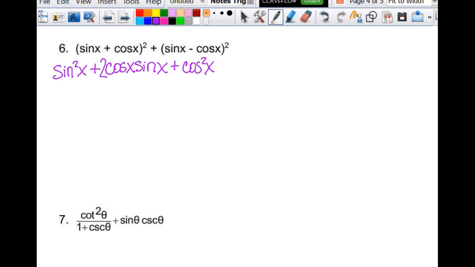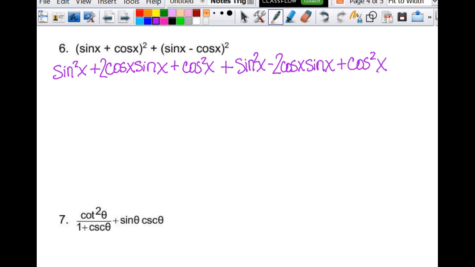We agree with that? That should be a no-brainer at this point, right? Then when it's the difference, that's still going to give me sine squared x, but then what? Minus 2 cosine x sine x plus cosine squared x. So that's a lot of stuff, right?